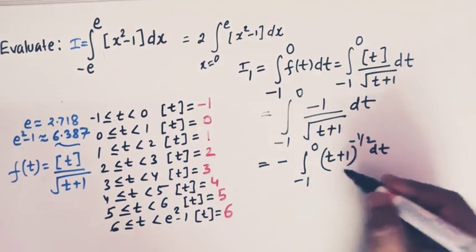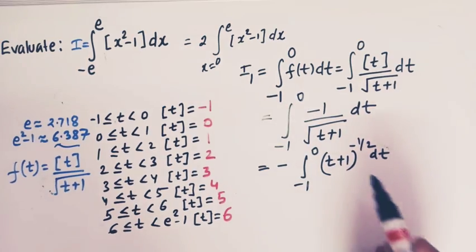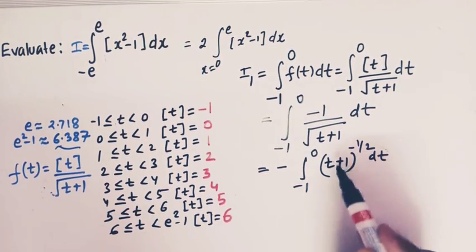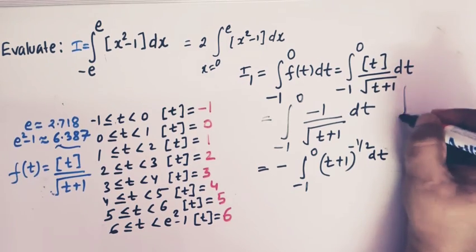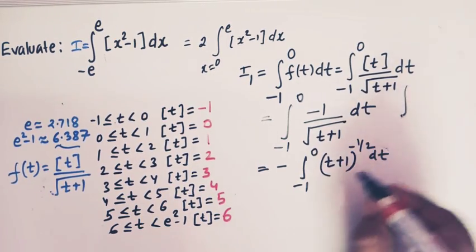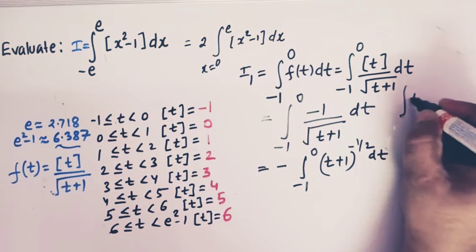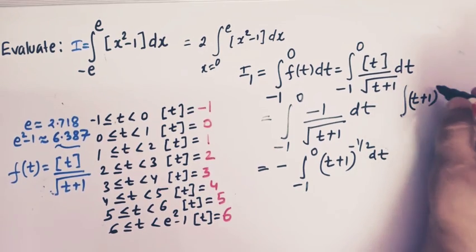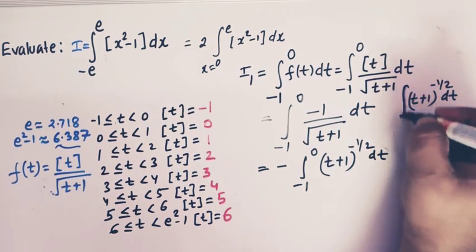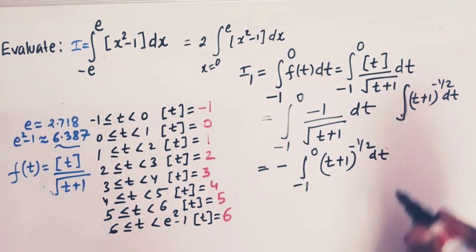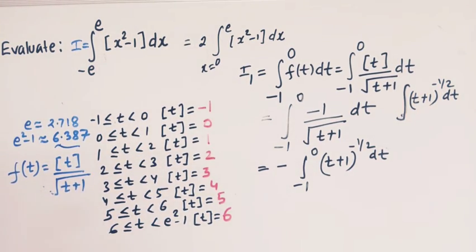Now to evaluate this integral, let us find the indefinite integral of t plus 1 raised to minus half dt. Here we'll make use of the substitution method.